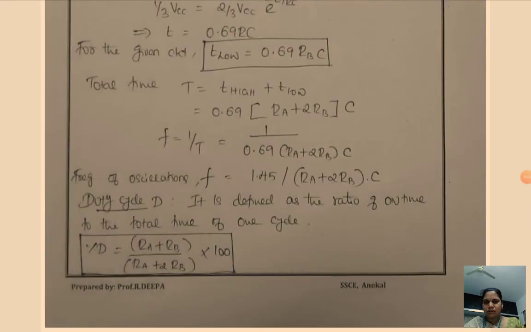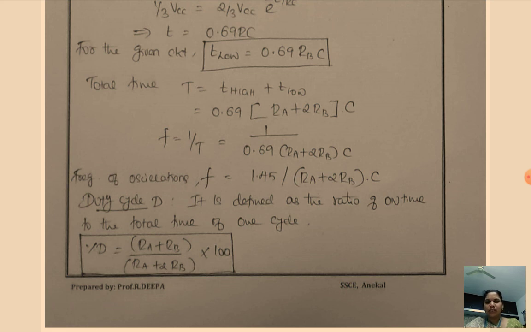If you want the on time and off time periods to be the same, we can change the values of RA and RB and design them such that we get a 50% duty cycle. That is, you equate this to 50%, assume any one value, either RA or RB, and calculate the other one, so that you get equal T on and T off periods. Thereby you will be able to generate a square wave.